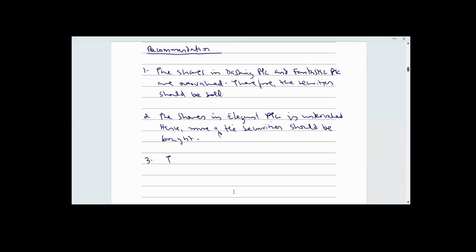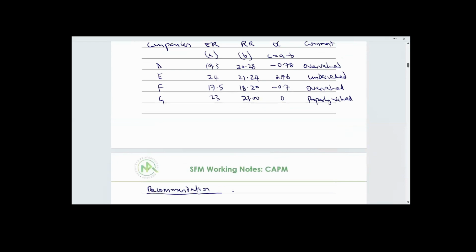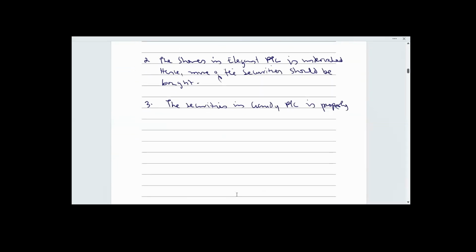The shares, the securities in Godi PLC are properly priced, properly valued. Therefore, the shares should be kept.